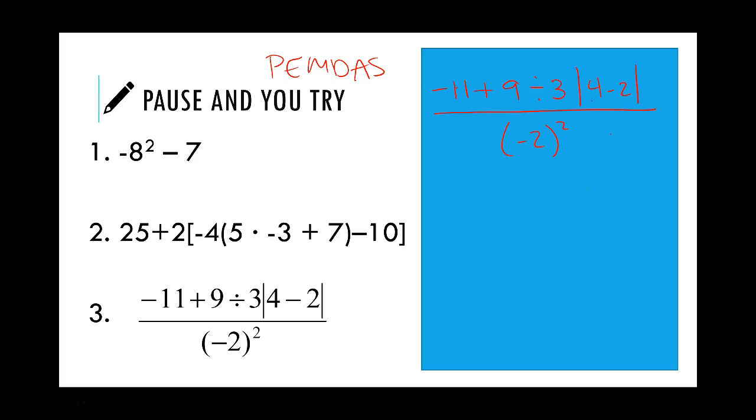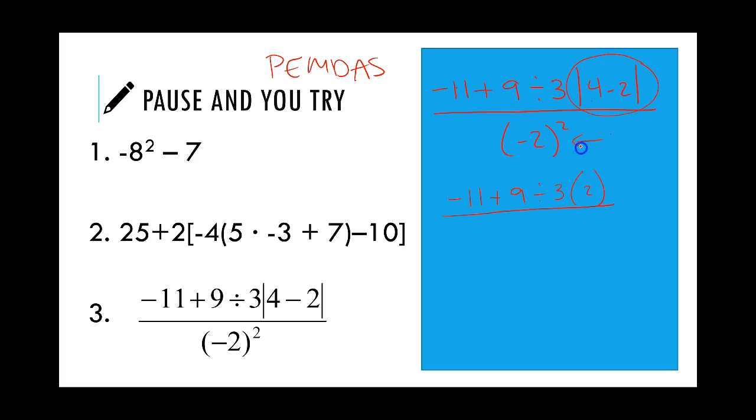Okay, so instead of working across, I'll work down on this one because of the space. So let's do the first step in the top. So 4 minus 2 is 2. The absolute value of 2 is 2. So that top, your first step, should look like negative 11 plus 9 divided by 3. And then this absolute value of 4 minus 2 comes out to just be 2.